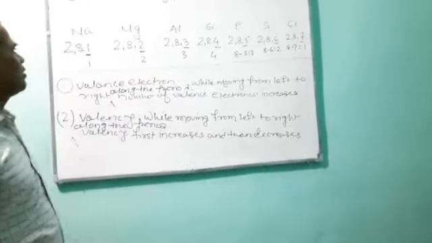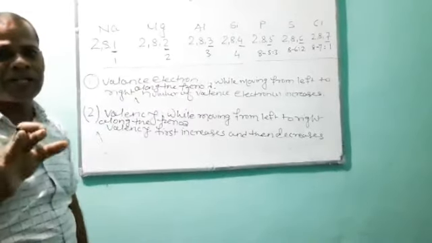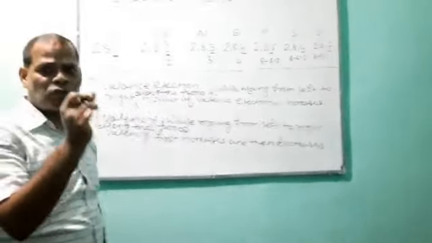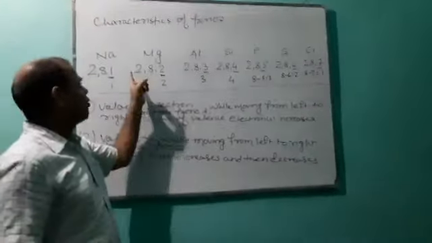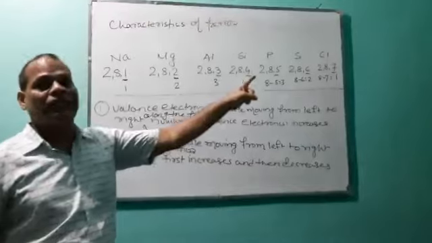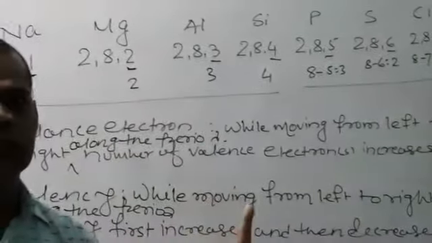So what is happening when we move from left to right across the period? The number of valence electrons increases.